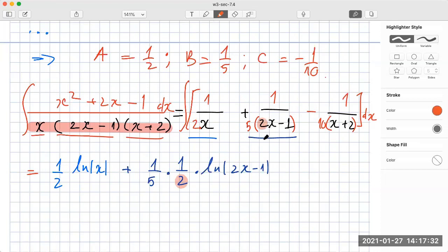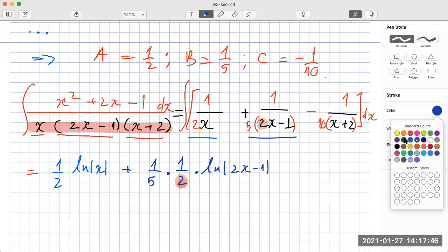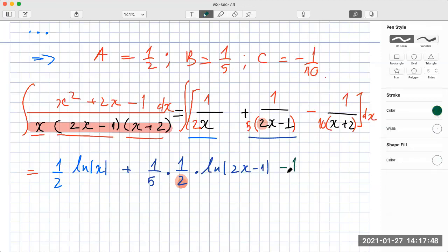Yeah, the chain rule. You can do substitution and double check it, but I suppose that you can master your skill and look at that immediately. And the third one, right.